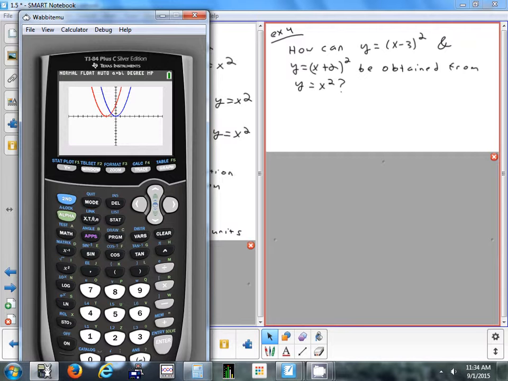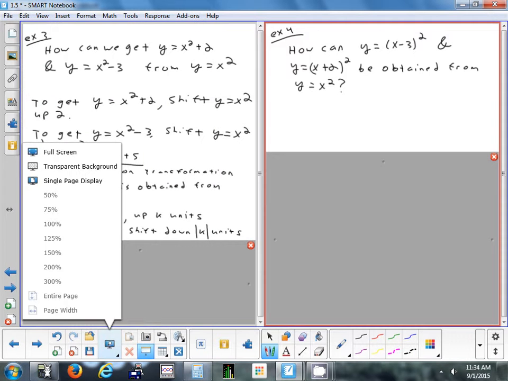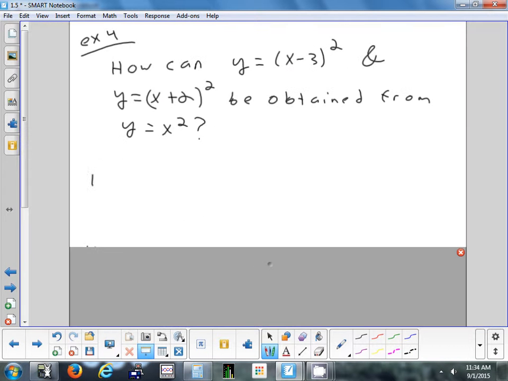So plus 2 is going to shift it left 2 units. Minus 3 is going to shift it right 3 units. Just write that down. To get y equals (x minus 3) squared, take y equals x squared and shift it right 3.